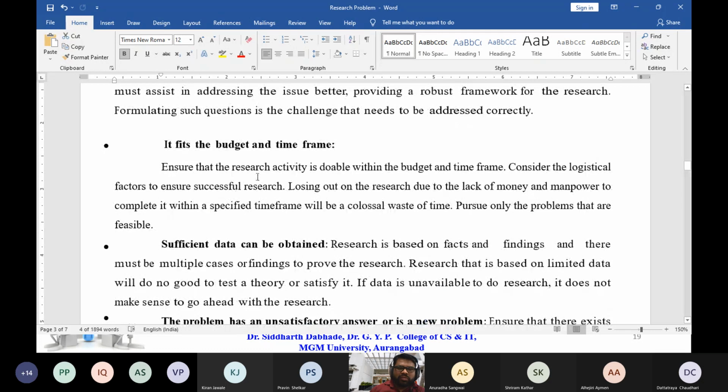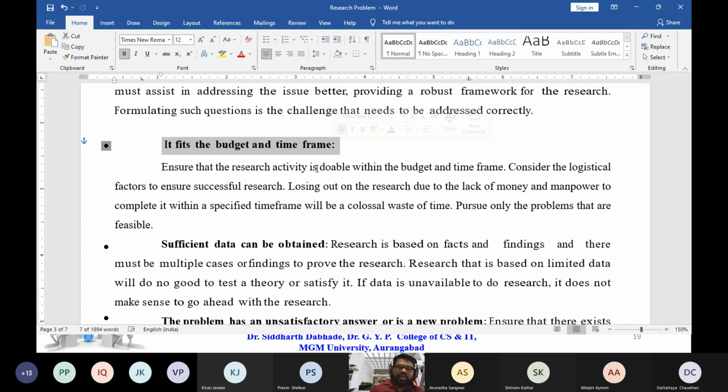Okay, so it fits the budget and time frame. So this is a very important characteristic while you are framing your research work. Okay, so if you have sufficient budget and sufficient time, then you are able to perform very good research work. If you select a time frame that is very large, then you are not able to get your research degree within the stipulated time.